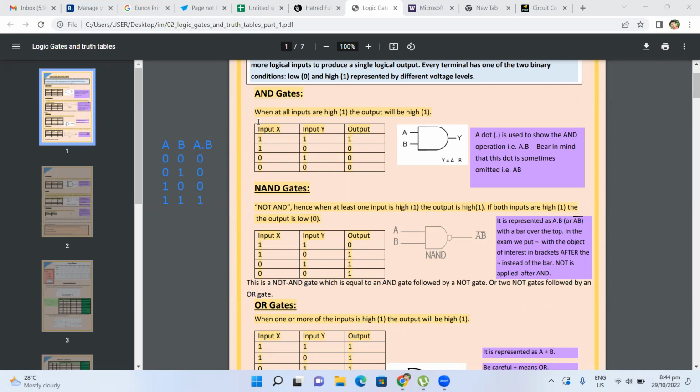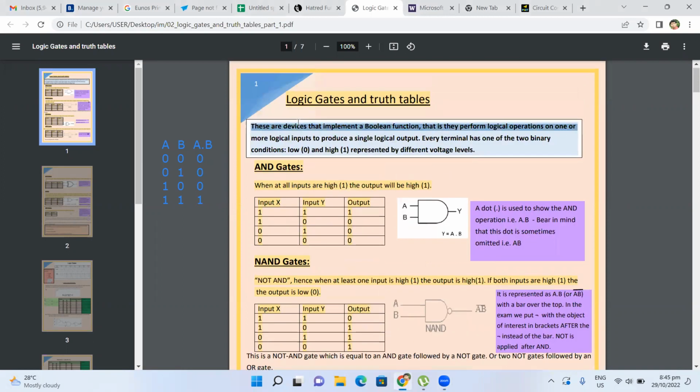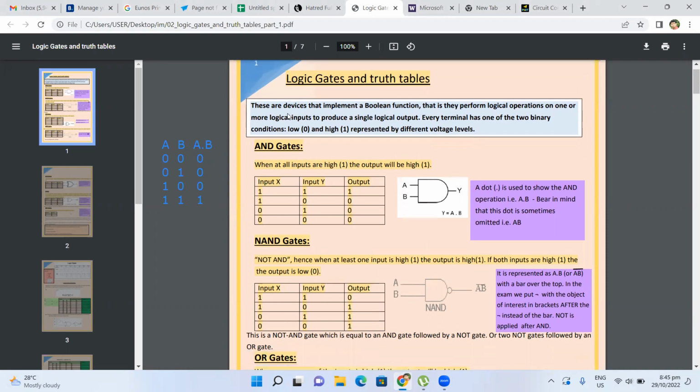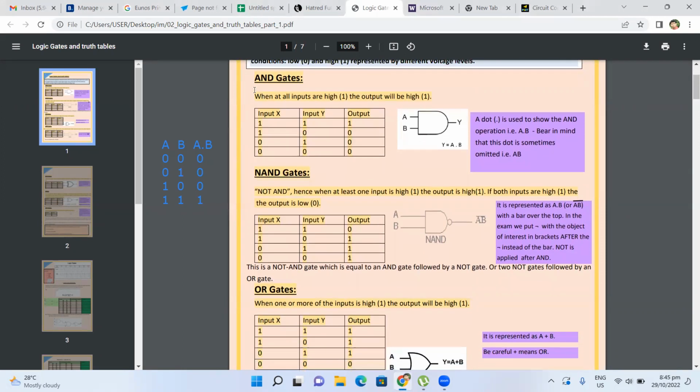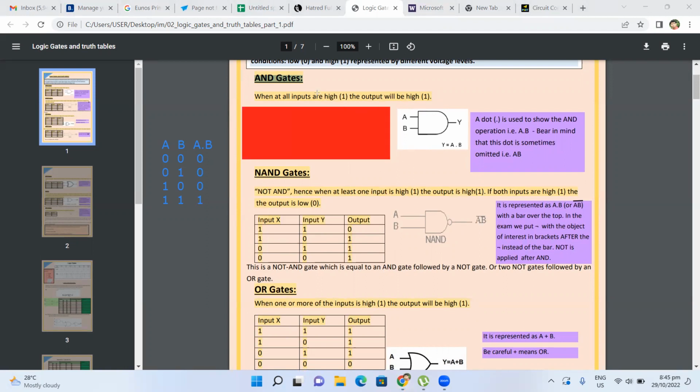When drawing the truth table, please write this way, right? First, write down the main heading as logic gates. No need to write down this part. First write down AND gate, and then draw the symbol. Excluding this, this truth table needs to be replaced by the table given here. Other than that, other things can be written. So don't write the NAND gate, right?